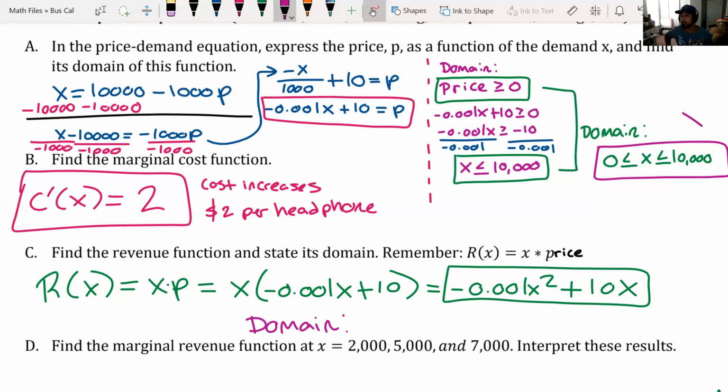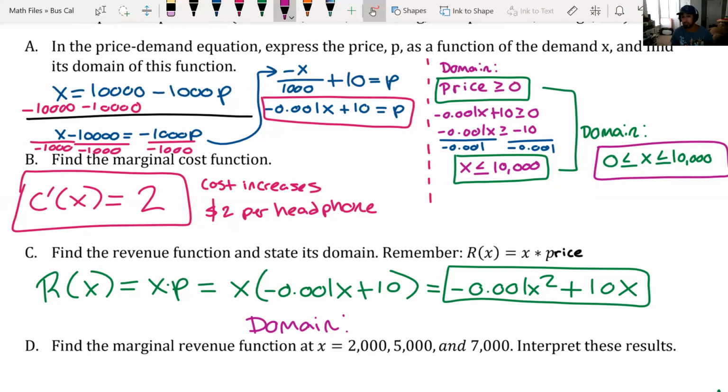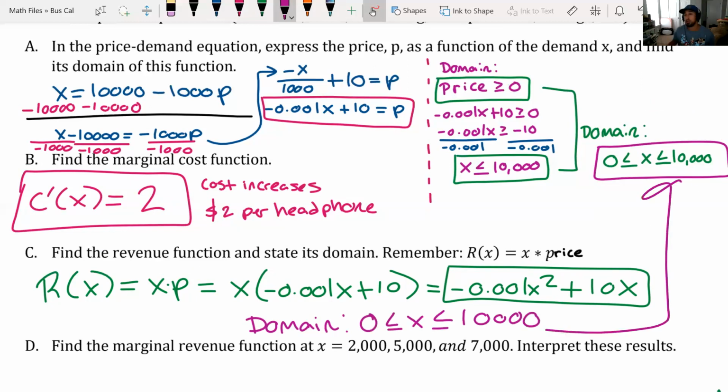If this is the domain for the price, headphones, cost, and profit, this is also going to be the same domain for the revenue function. Why should it change? It should never change. It should always be the same. So our domain for revenue is still 0 less than or equal to x less than or equal to 10,000. So it's the same domain as that.